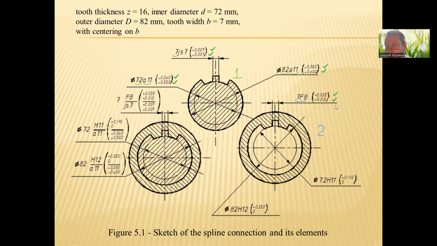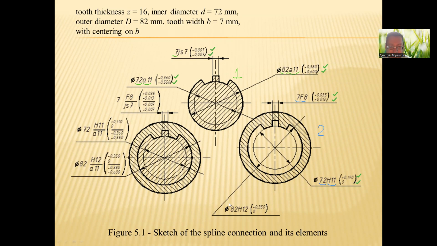And 0.013. For the inner diameter 72, H11 is the tolerance field, and we can find that the upper limit deviation is plus 0.190 and the lower limit deviation is equal to 0.